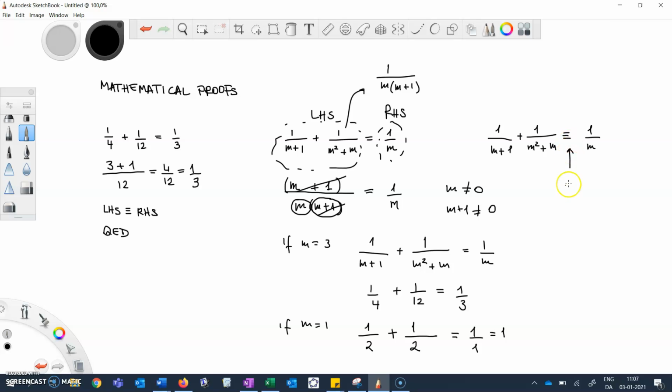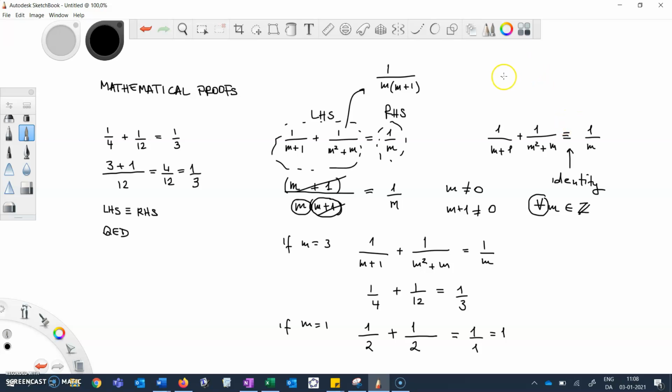These 3 lines indicate an identity. What is an identity? Well, an identity is a statement that is valid for every m belonging to a certain range of numbers. For instance, in this case, it could be the integer numbers. Okay, so it's valid for every m. This symbol means every.